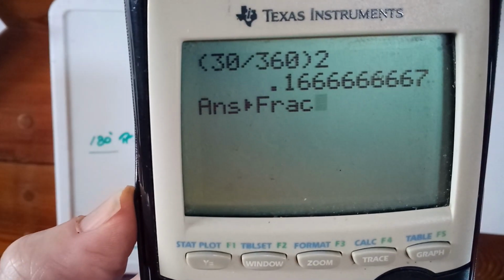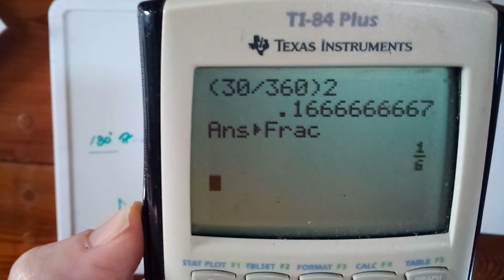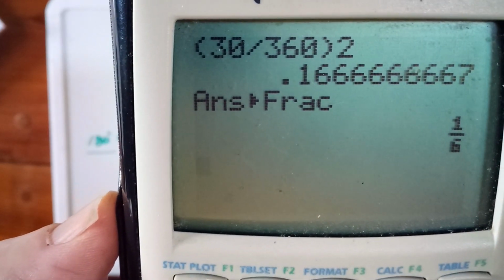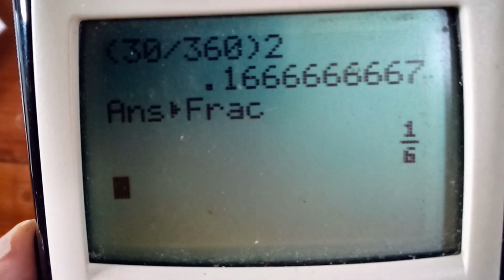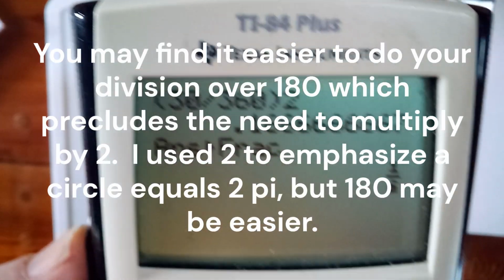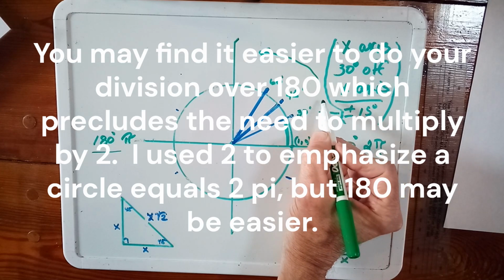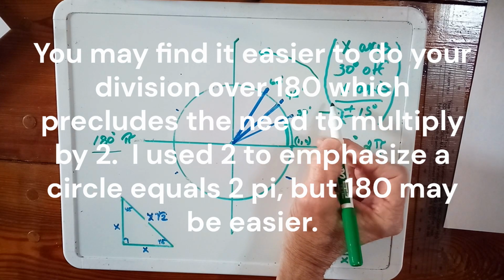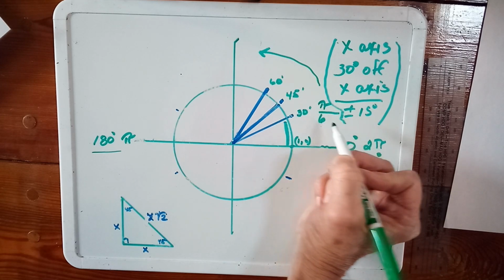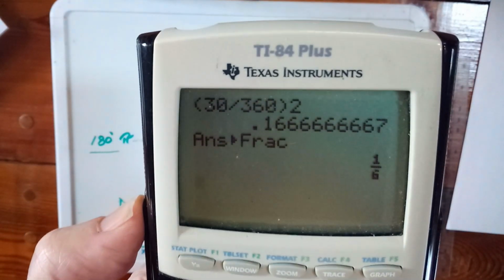And it's telling me, oh, here comes the fraction. Hit me again. And I get my fraction. So 0.166 or 30 over 360 is equivalent to 1/6. And as long as I've got the calculator out here, I'm just going to go ahead and draw that in. So 1/6 would be 1/6 of pi, or to simplify, pi over 6 is the equivalent of 1/6 pi.